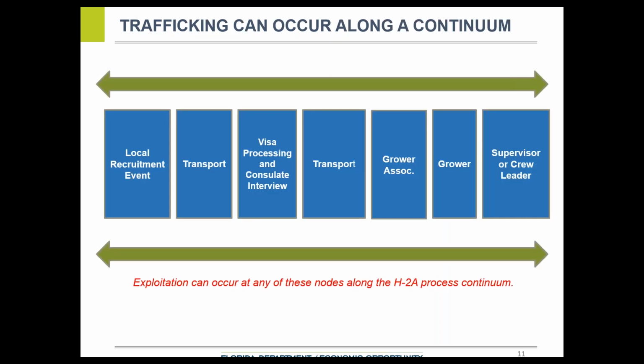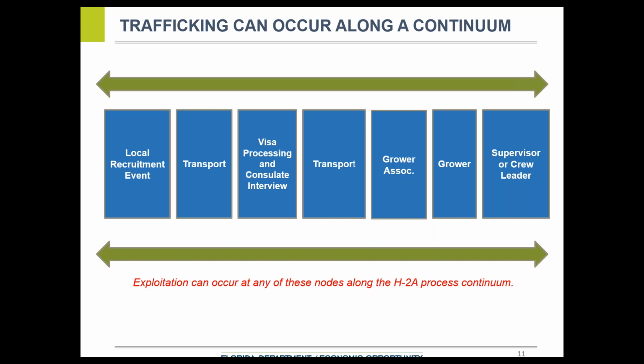So if we think about the agricultural labor market in terms of a labor chain that stretches multiple countries and economies, we can see that exploitation and coercion for a victim of labor trafficking can be centralized, or it can occur at any point along the H-2A process continuum, from the local recruitment event to supervision out in the fields.